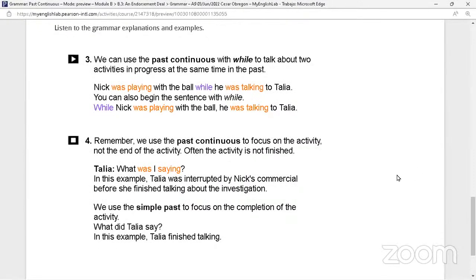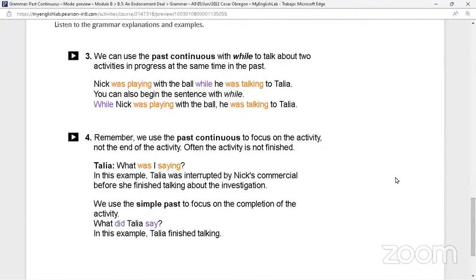What did Talia say? In this example, Talia finished talking. Any questions? No, everything is good. Let's do some examples.